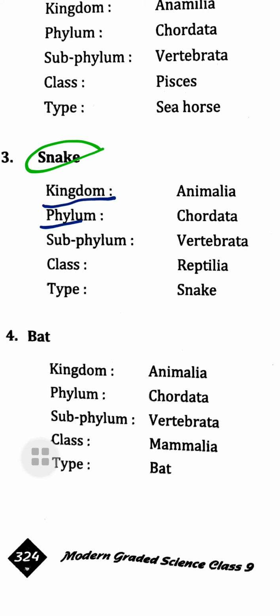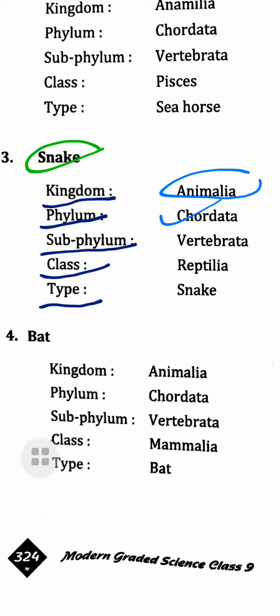We write kingdom, phylum, subphylum, class and type. For vertebrates, there should always be kingdom, phylum, subphylum, class and type. Now, what is the kingdom? Animalia. Phylum Chordata, subphylum Vertebrata, class Reptilia, type snake.